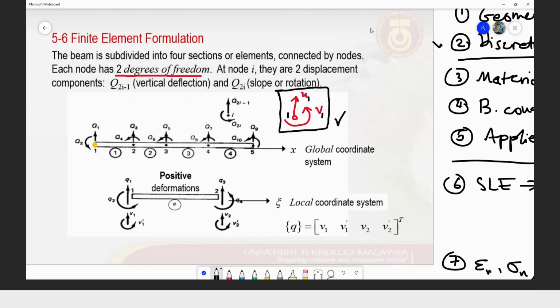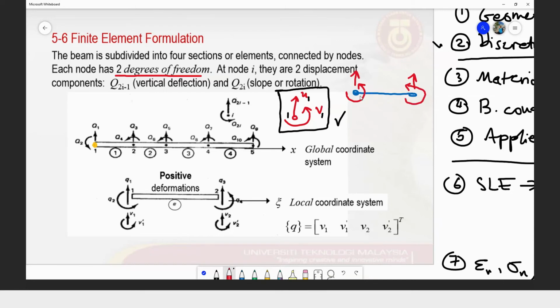Alright, at each nodal point, kita ada 2 degrees of freedom in the form of deflection and also the slope or rotation. So that means untuk satu elemen kita ada 4 degrees of freedom, which is dalam positif sign convention dia adalah dalam arah sini.